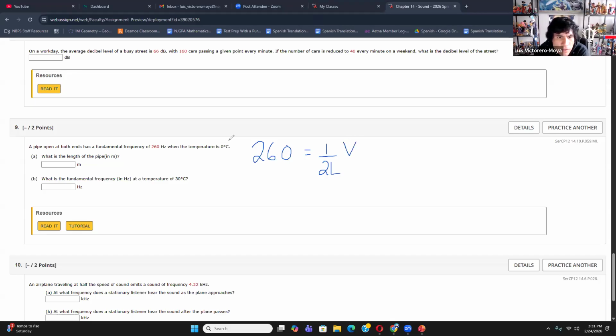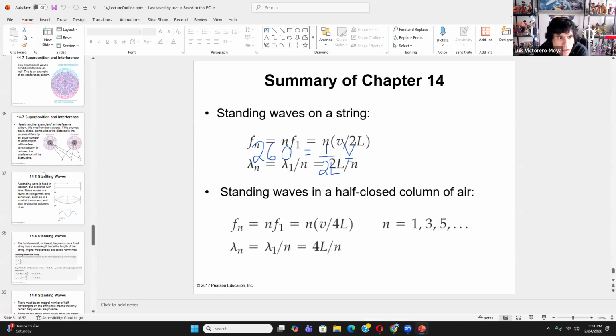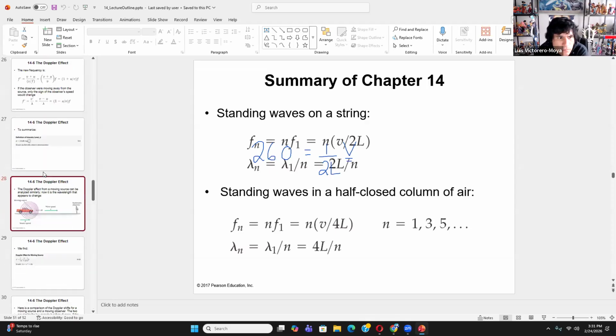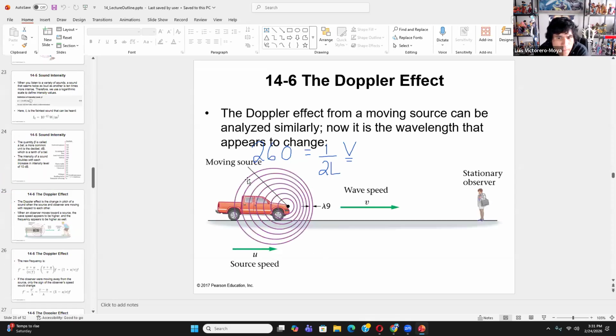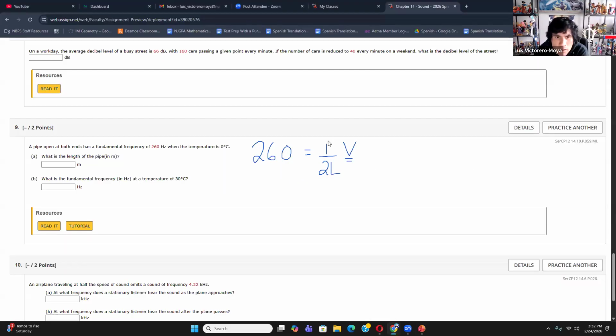So at 0 degrees, you want to know the speed of sound. So we go back to the slides. It's about 330. So 331.